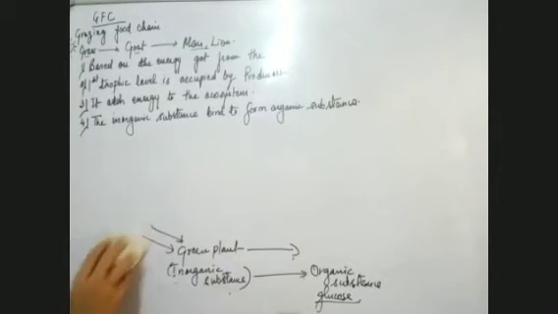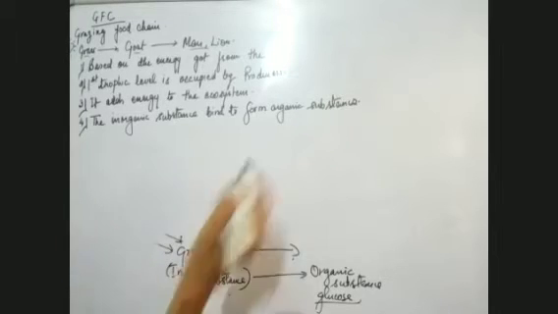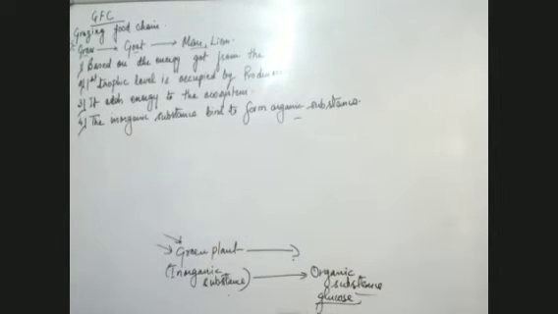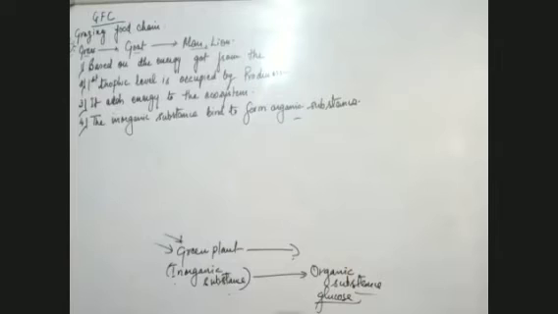Now, one thing more which happens here. See, the organic substance has been formed as a result of the grazing food chain. Now, organic substances are present in the body of every organism, like if we take the example of any plant or any animal.